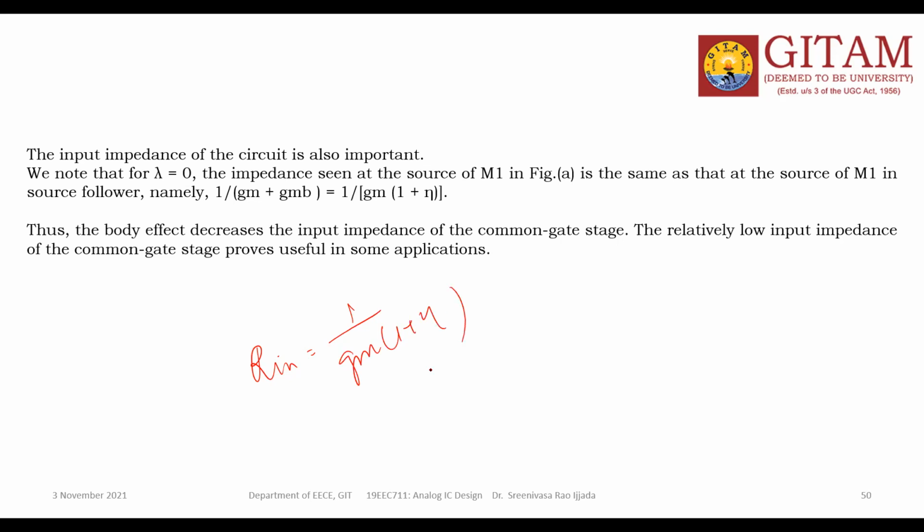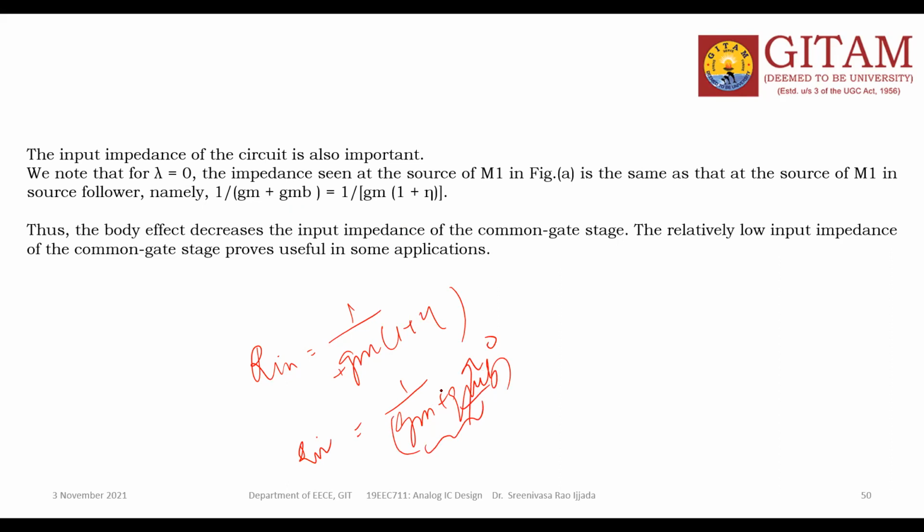Suppose you consider the body effect, then in this equation you can take 1 by gm plus gmb. If gmb is 0, then this value is reasonable. If it is not 0, then the sum of these two values will be more than the single gm. Accepted?